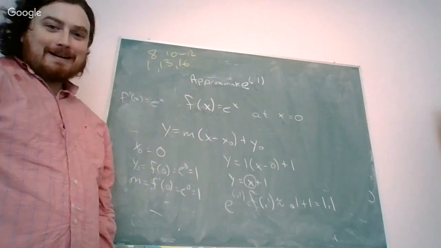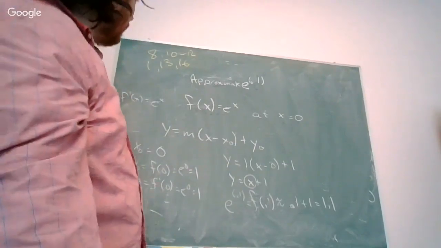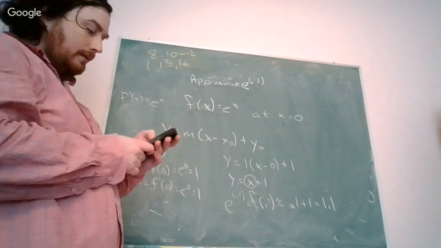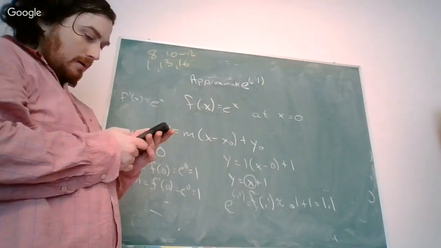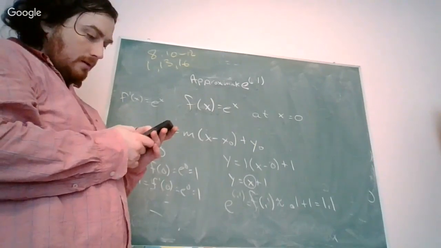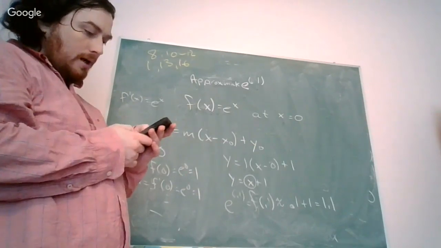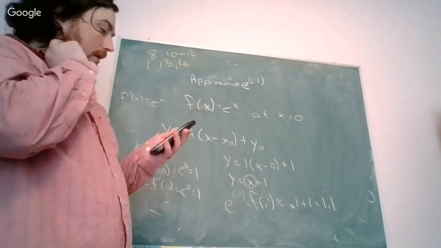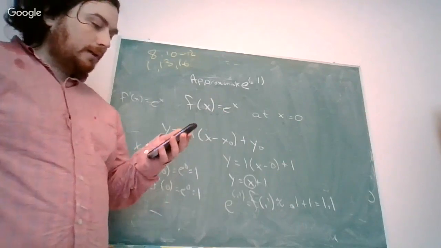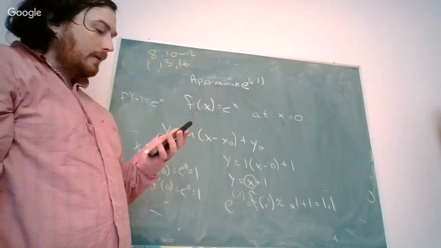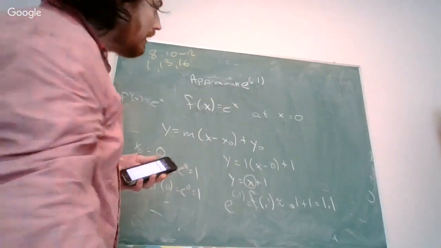Anyway, the next one up here was 13. So if I look at that, I have a linear approximation problem again. This one just says approximate the change in volume of the sphere when its radius changes from r equals 5 to r equals 5.1.